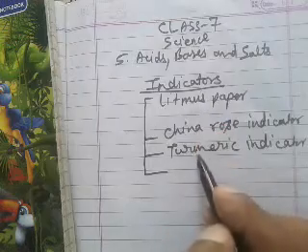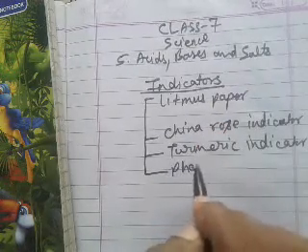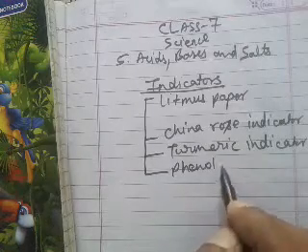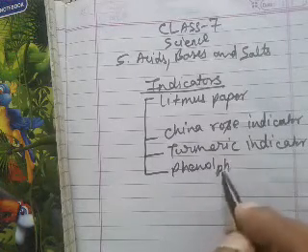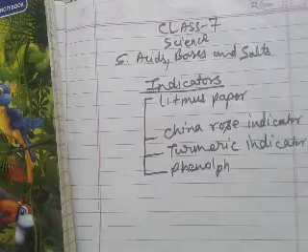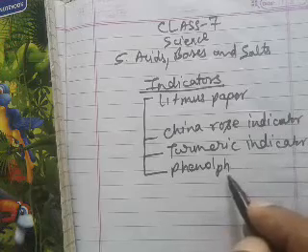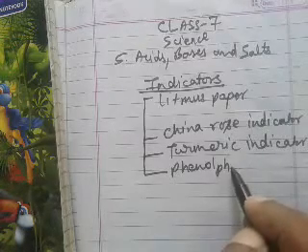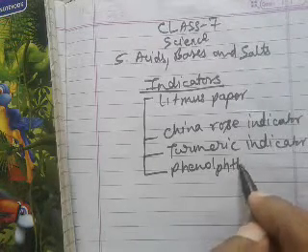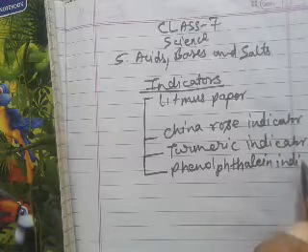The turmeric is a natural indicator, and the last one is the phenolphthalein indicator.